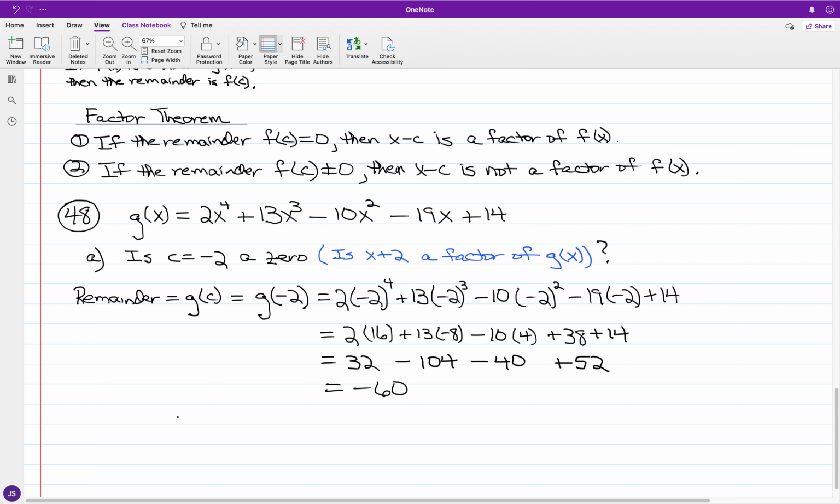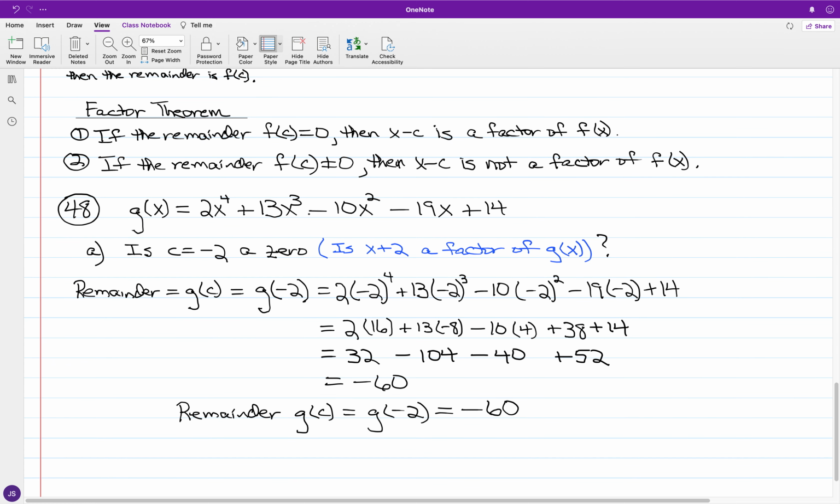And since the remainder, g of c, is equal to g of -2, turns out to be -60. And going back to the factor theorem, you have your f of c, in this case g of c, is -60, which does not equal 0.